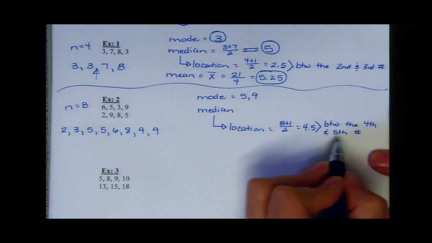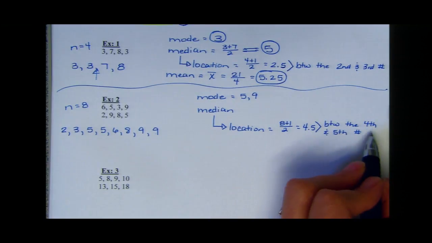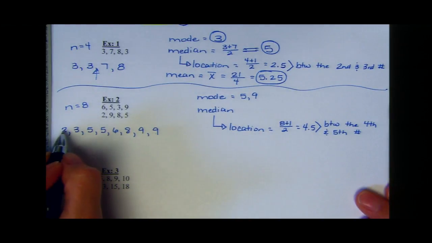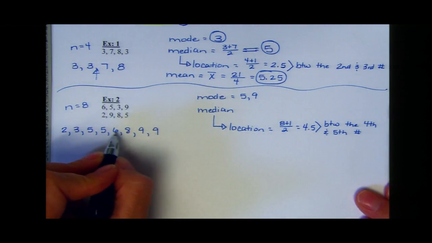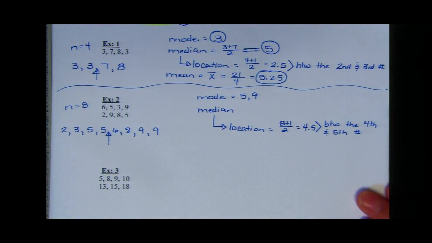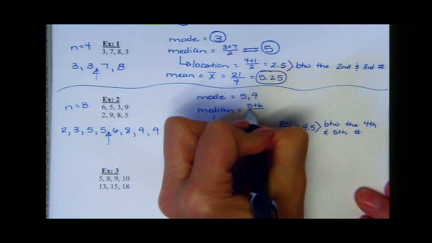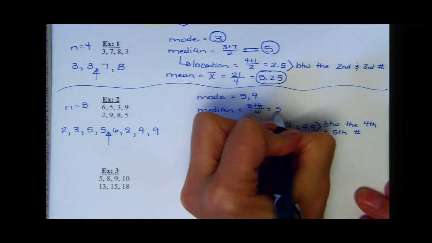The reason is that on a number line, 4.5 falls between 4 and 5. So 1, 2, 3, 4, 5. So my median is between the 4th and the 5th number.